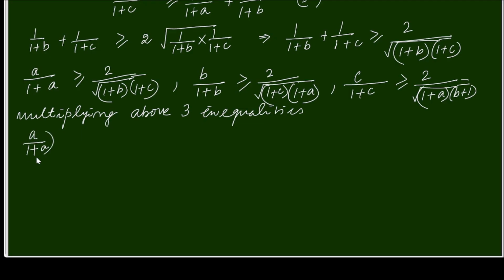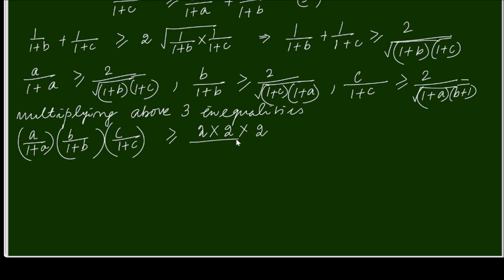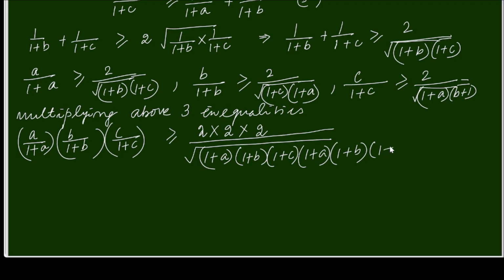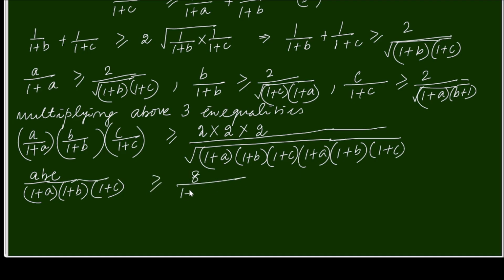The product a over 1 plus a, b over 1 plus b, c over 1 plus c is greater than or equal to 2 into 2 into 2 over the product of the square roots. So abc over (1 plus a)(1 plus b)(1 plus c) is greater than or equal to 8 over (1 plus a)(1 plus b)(1 plus c).